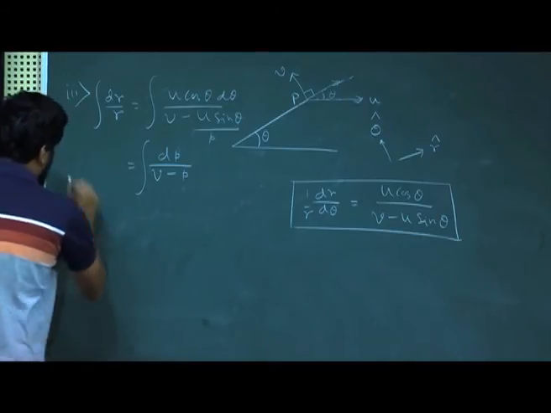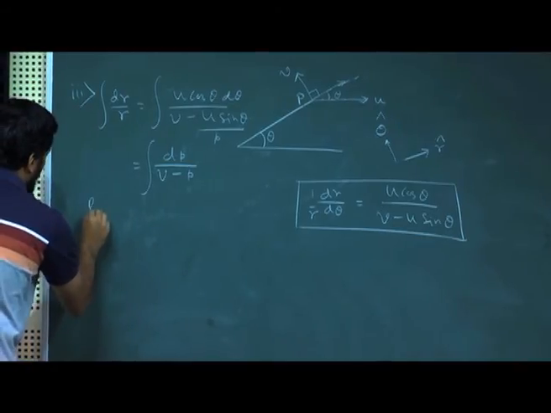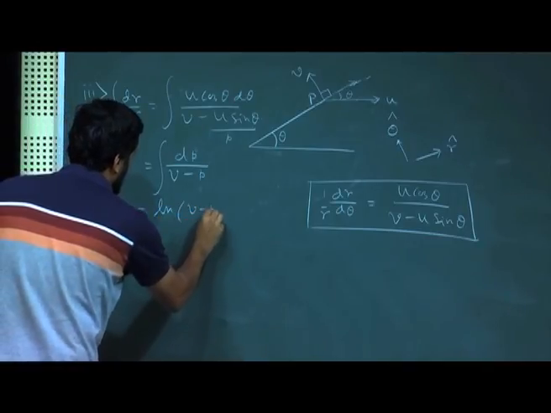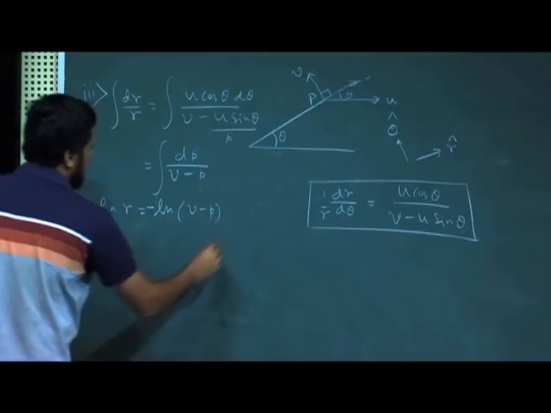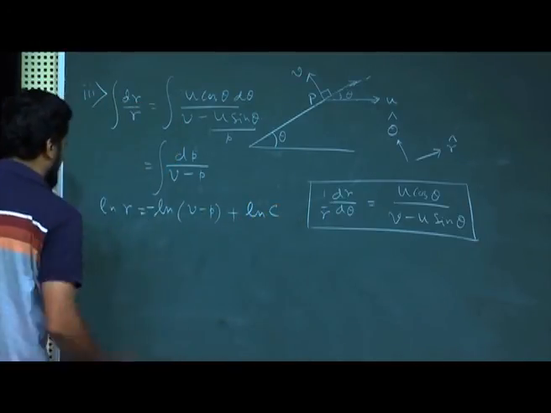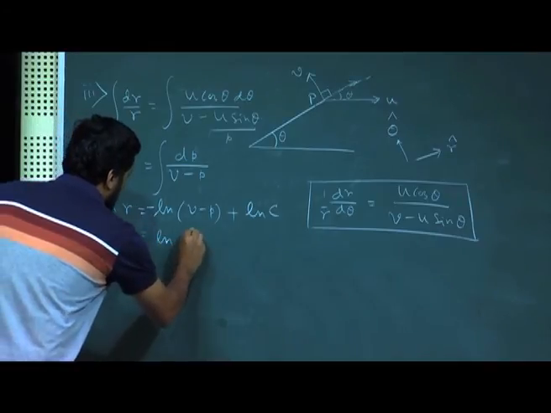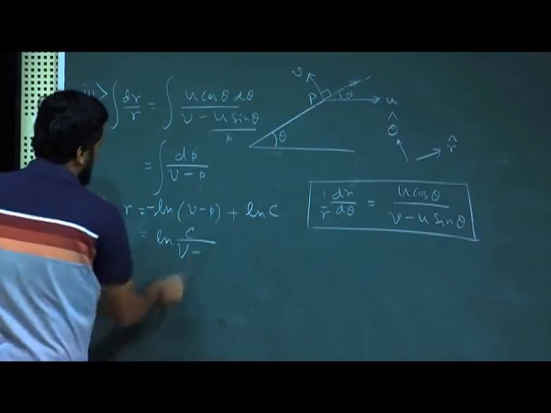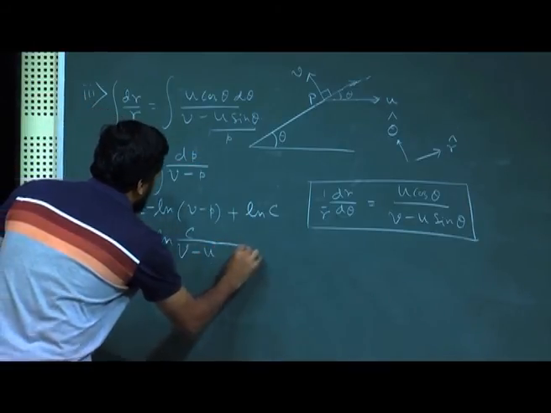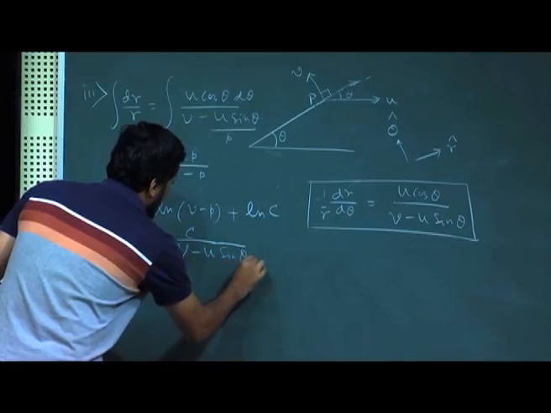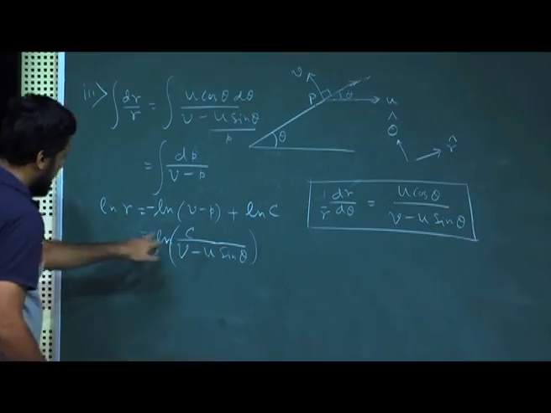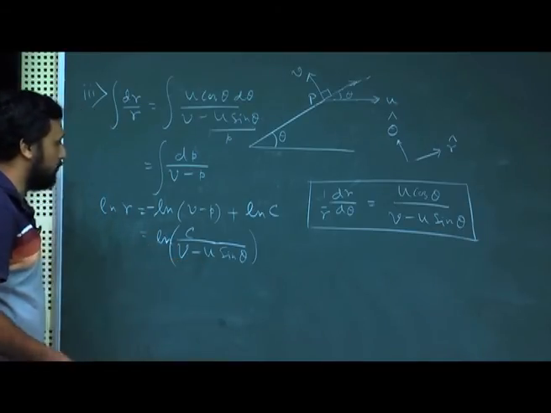So, on the left hand side, if we perform the integration, it is ln r is equal to minus ln v minus p, there will be a minus sign coming, plus we have to add a constant here. So, we just take it as ln c. So, ln c by v minus, we substitute the value of p again, so it is u sin theta. Okay. So, ln r is equal to ln c by v minus u sin theta.